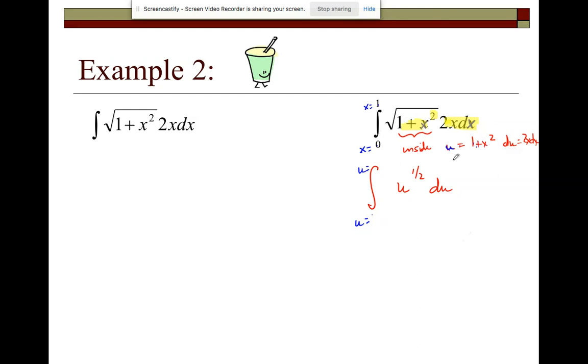So when x is 0, what is u? When x is 1, what is u?